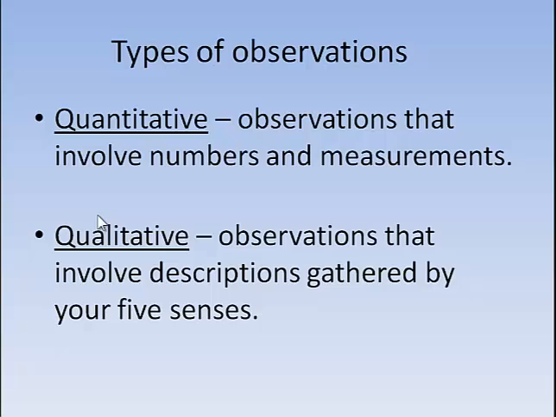Qualitative, with an L in it, involve descriptions that you gather with your five senses. The way something looks, the way it feels, the way it tastes, the way it smells, the way you hear it, the way it sounds.